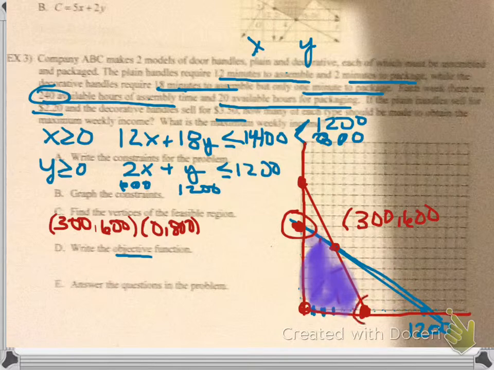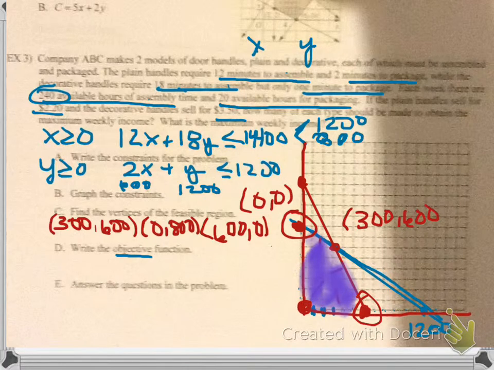I've got this point right here, which is 600, 0. And then I have 0, 0, this point right here. They all lie around the edge of the shaded area, where it would be cross-shaded.